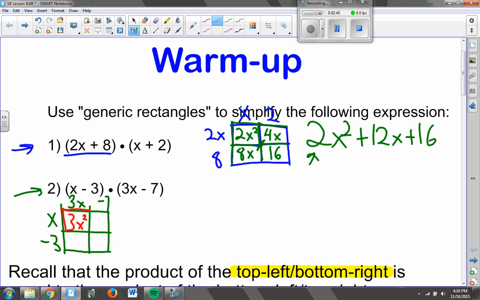In my top right box I see an x and a minus 7, which is minus 7x. My bottom left box is negative 3 and 3x, which gives me minus 9x. And finally, my bottom right is negative 3 times negative 7, which is a plus 21. If I put all of those together, my final answer is 3x squared minus 10x plus 21.